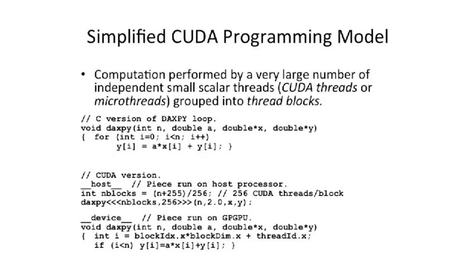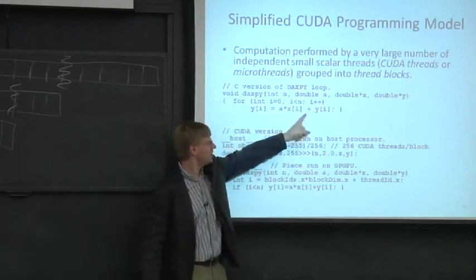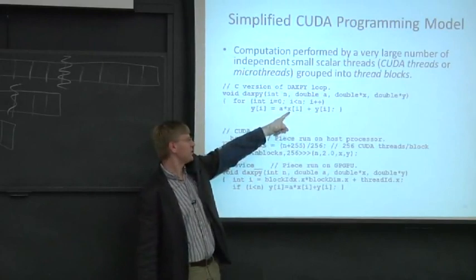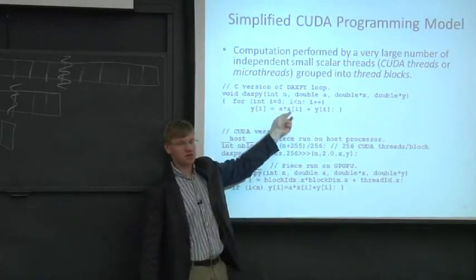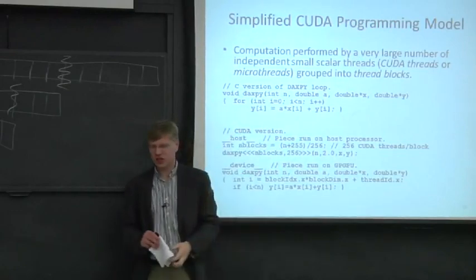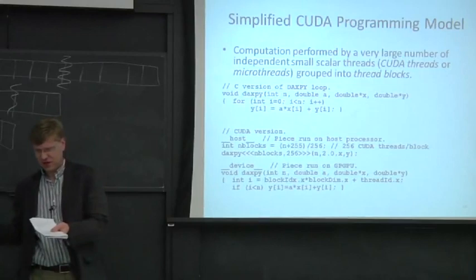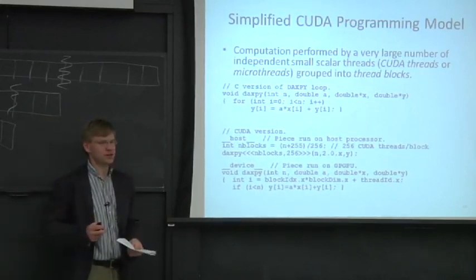So in CUDA, let's say we have a loop here. Let's say a non-CUDA program first, which is the upper portion of this code. We're trying to take y of i plus x of i times some scalar value. So this is the traditional a times a vector plus a third vector.